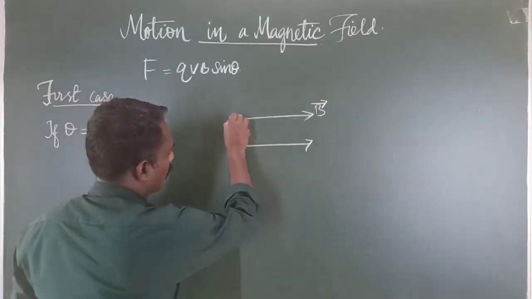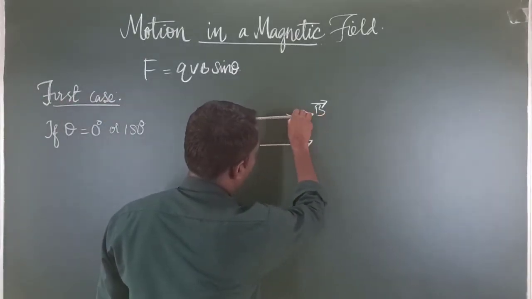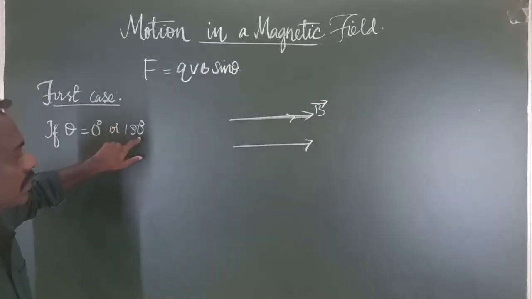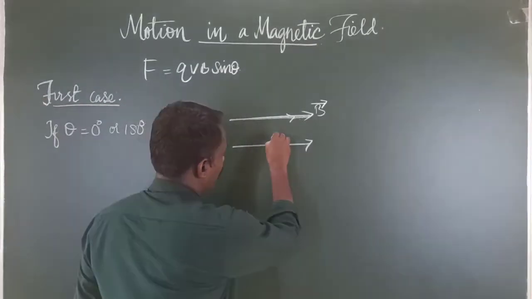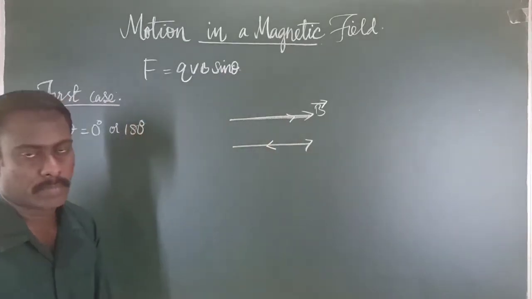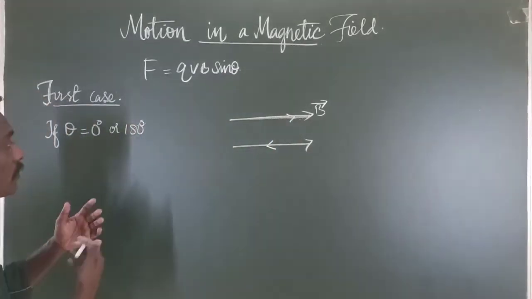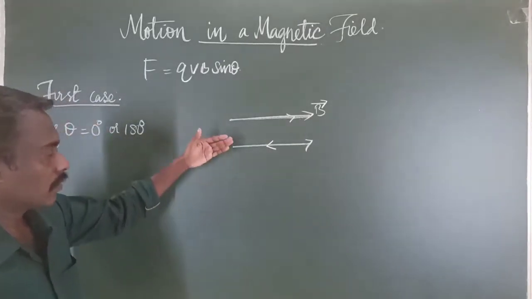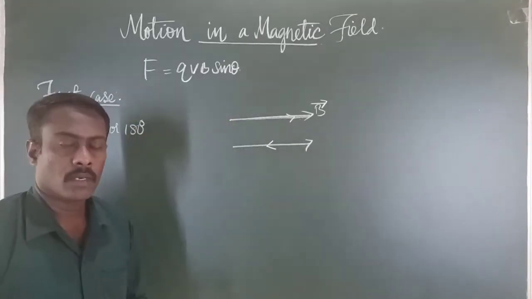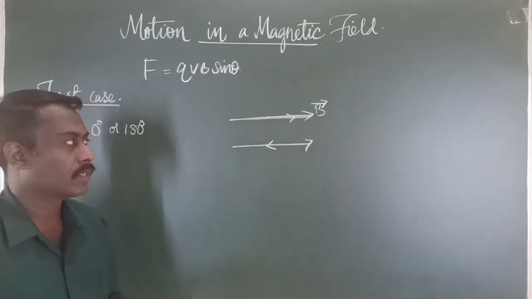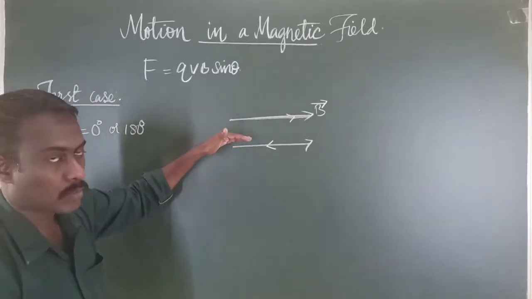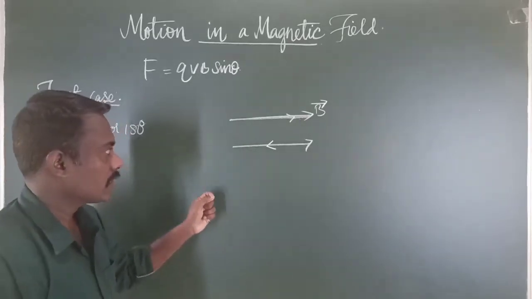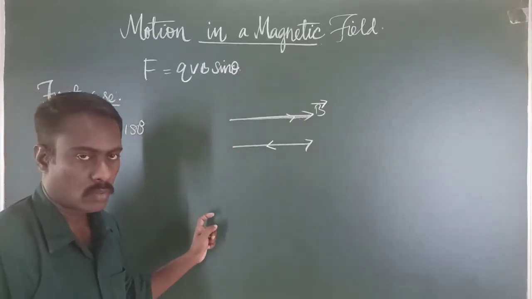If it is 0 degree, then the charge is moving along the direction of the magnetic field. If theta is 180 degree, then it is opposite to the direction of the magnetic field. When we talk about a moving charge in a magnetic field, we need to consider the velocity of the particle, and the velocity has two components, v sin theta and v cos theta.